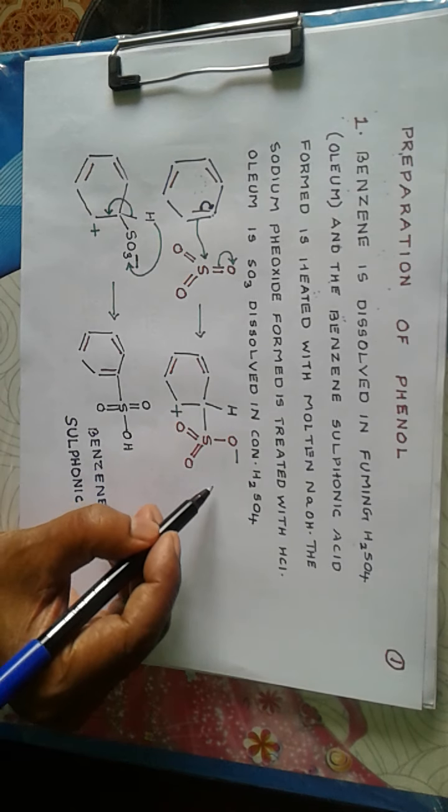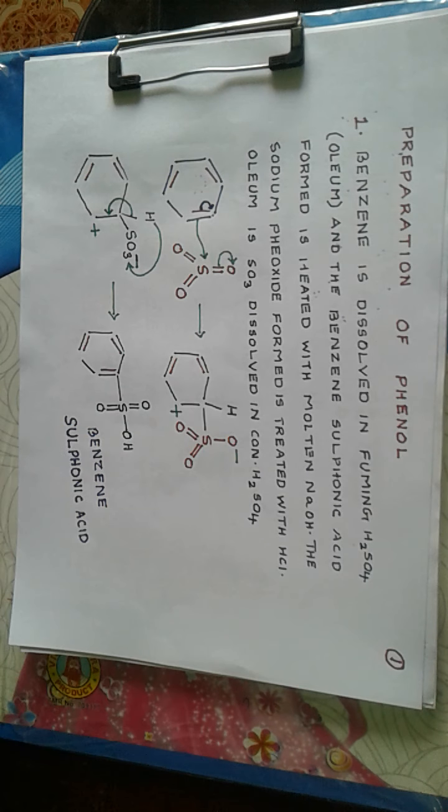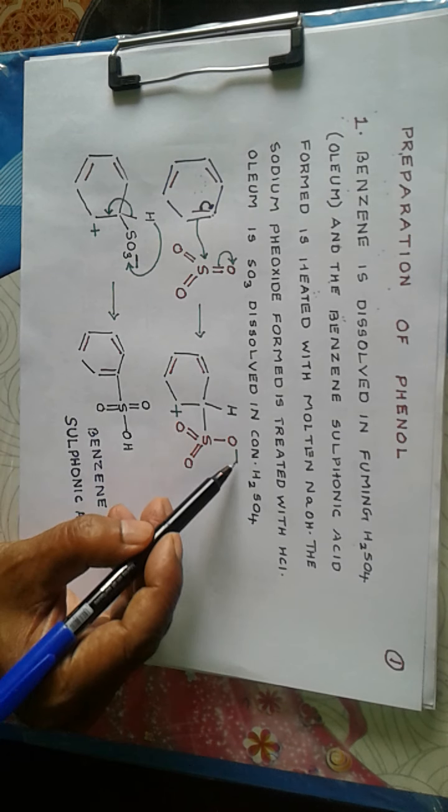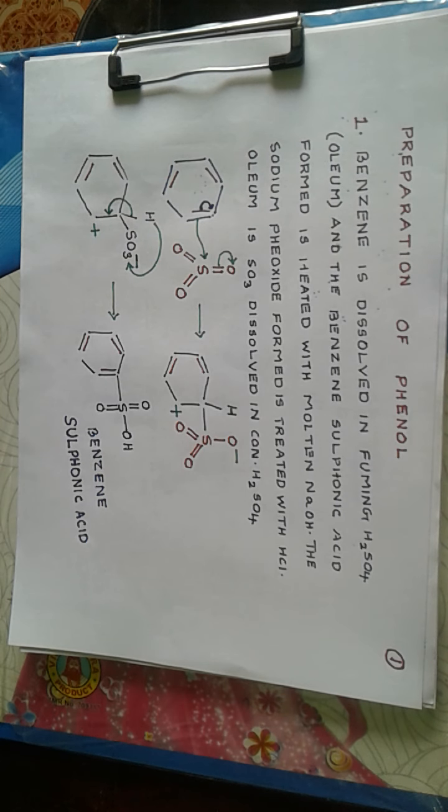Now this is a carbocation, and its charge is neutral, of course, because there are negative and positive charges, but there is a positive charge over carbon, so we can consider it as a carbocation.